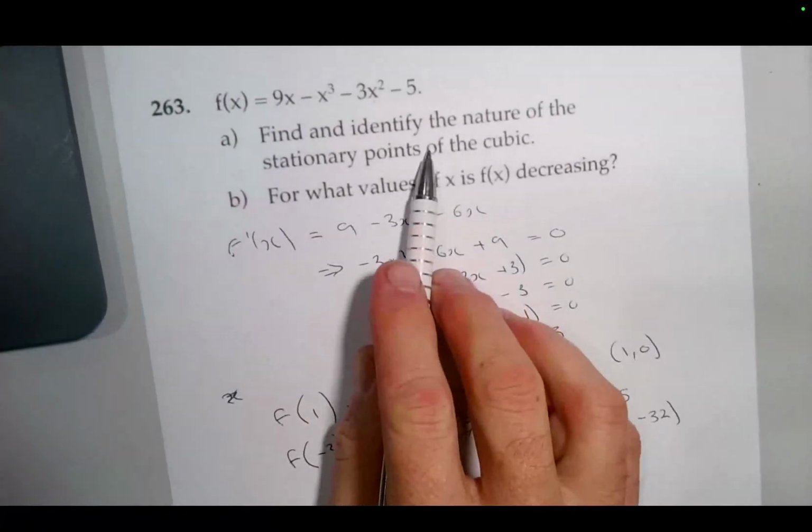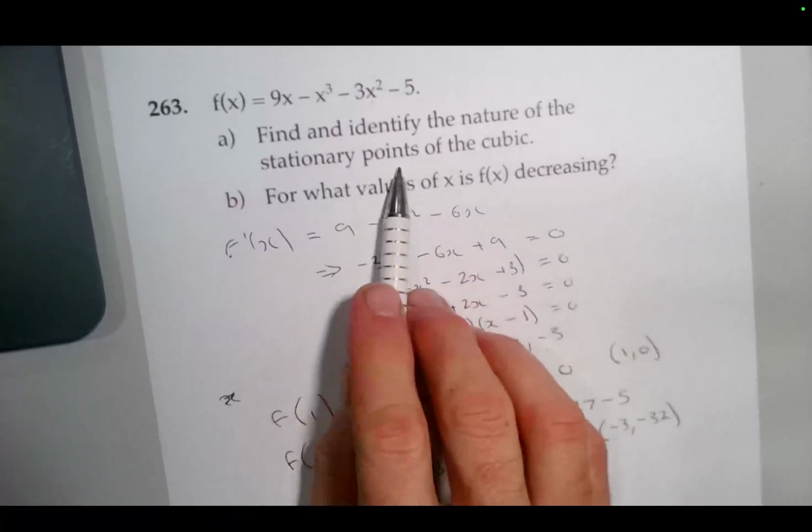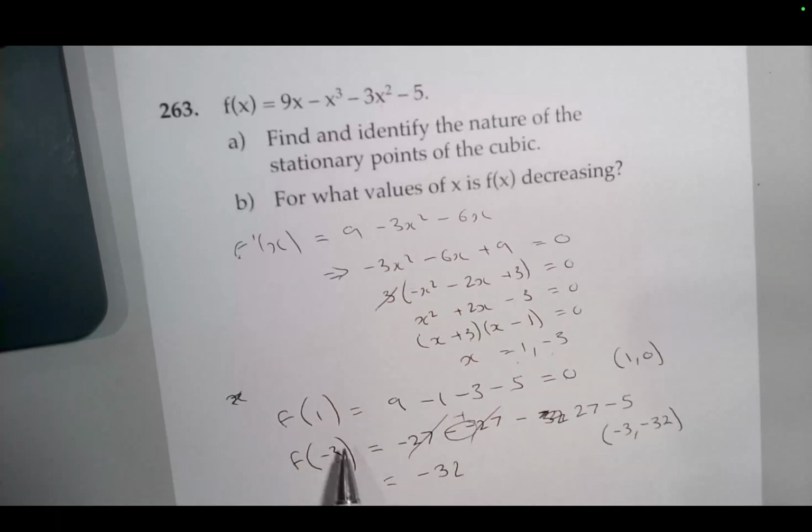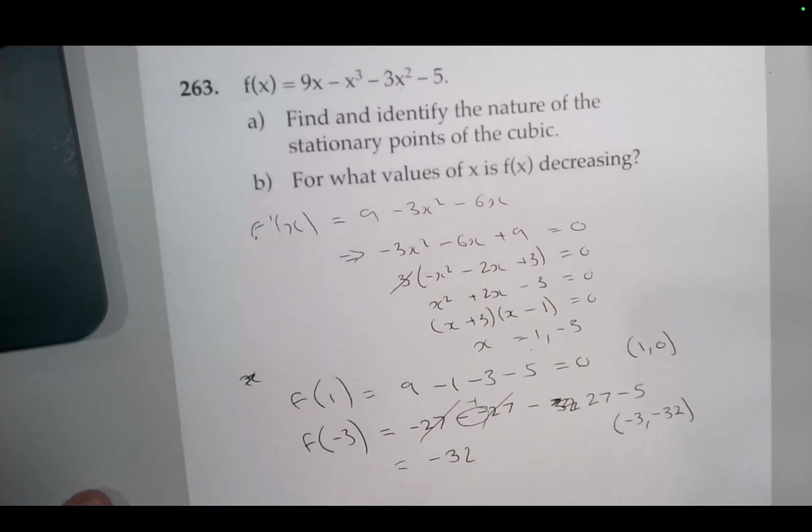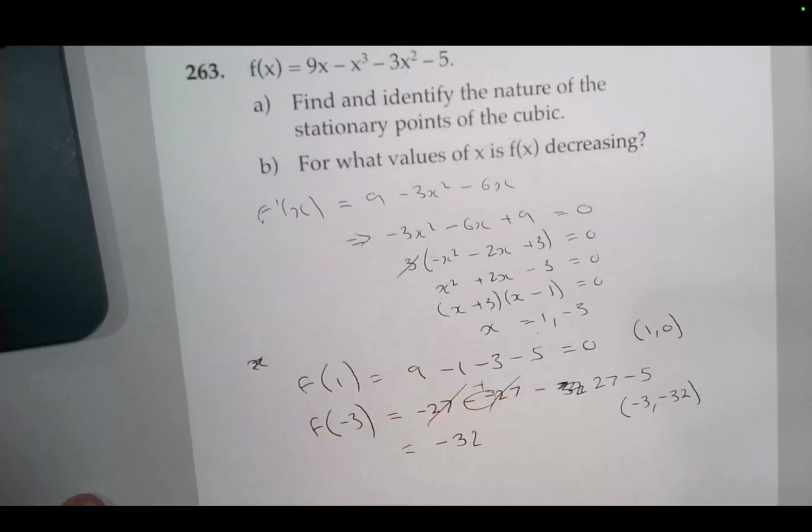Now, how do you establish the nature? You can look at the gradient function either side of the 1. So let's just do it that way. If you set up a little table here, we'll say x, and we'll say f dashed of x. At point 1, what's something less than 1?